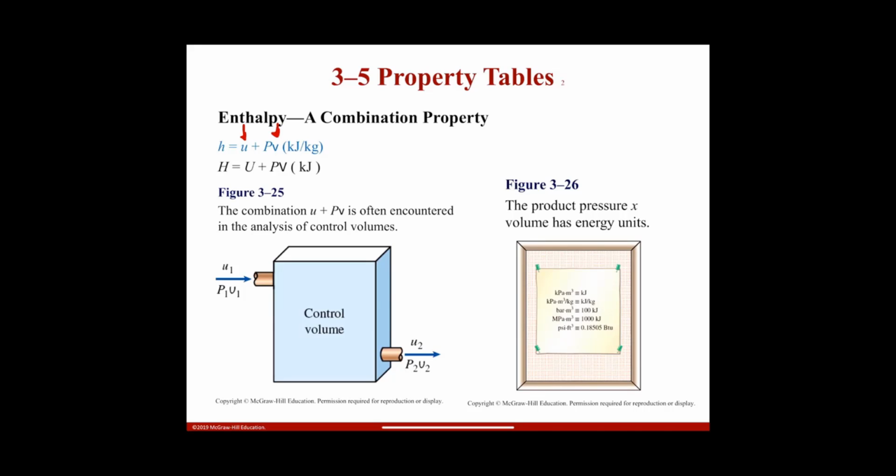The combination is often encountered in the analysis of control volumes. Okay, so like I said, enthalpy is another property like internal energy. That is, it's another form of energy that will combine internal energy and the energy carried by the fluid.